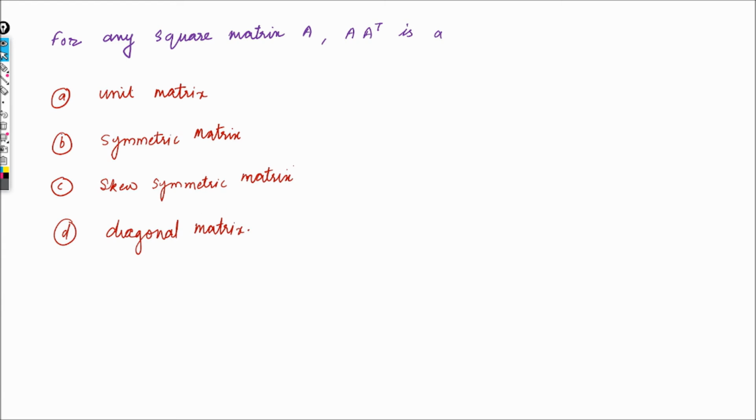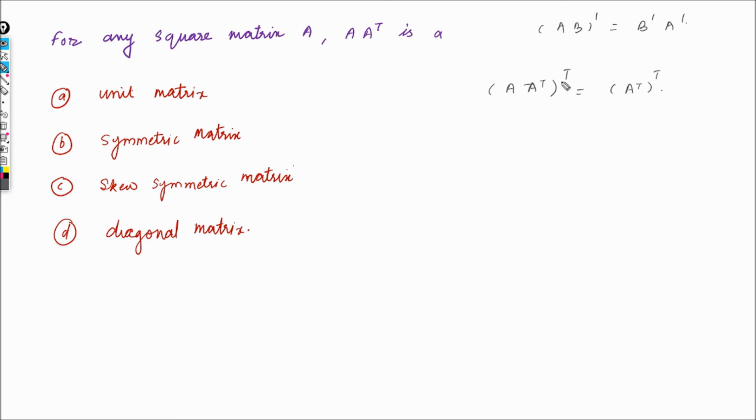So let us understand one more important question. For any square matrix A, consider A into transpose of A. What we will do is take its transpose. So this is equal to transpose of (A·A'), using (AB)' = B'A'.